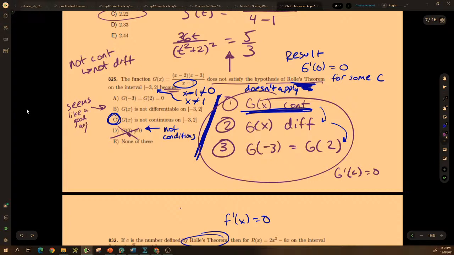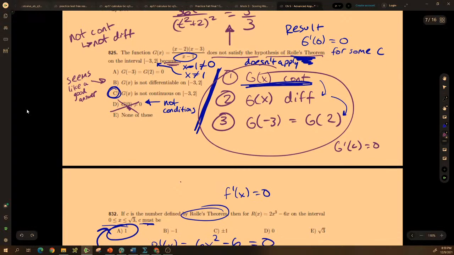And technically, if you said Rolle's theorem doesn't apply because g of x is not differentiable, technically you would be right. But you always want to do the continuous part first, because remember, for differentiability, there's a few cases. Our corners are not differentiable.